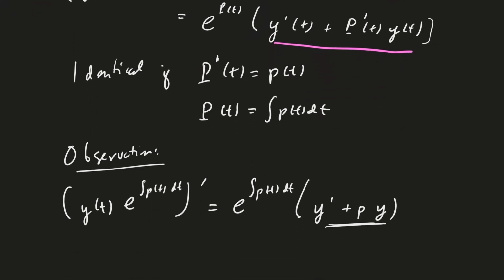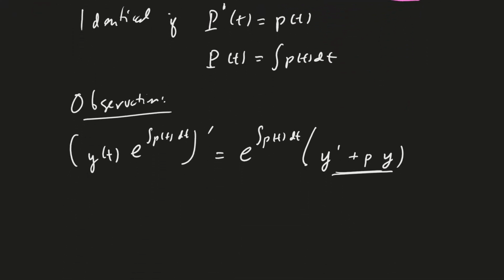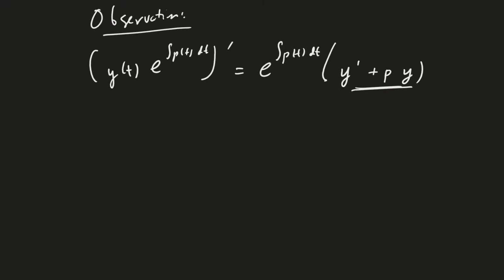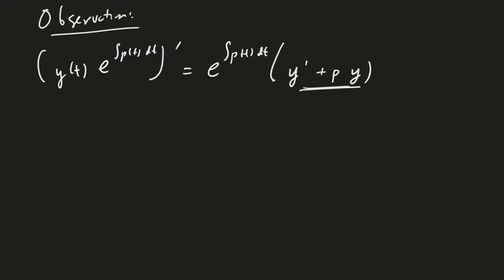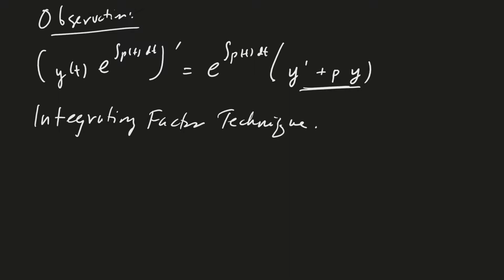And so why is that important? Well, let's see how this is going to work. This is our integrating factor technique, and this e to the integral power is going to be the integrating factor.